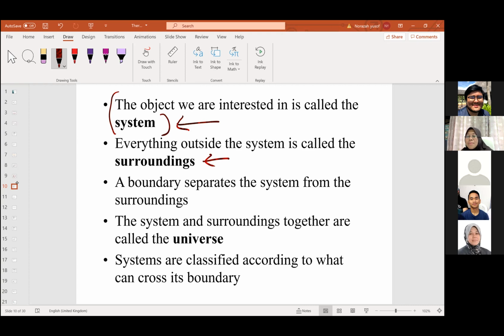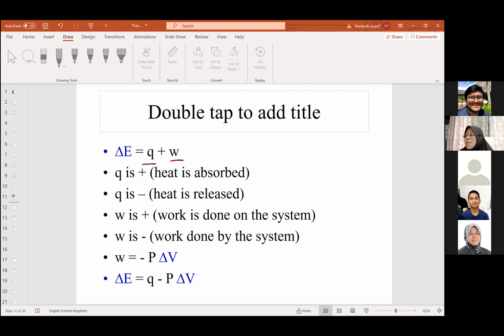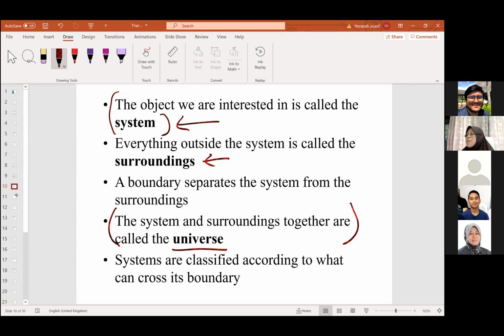You are the system, and whatever situation you have outside the system is called the surrounding. And the system and the surrounding that surrounds you together are called the universe. That is very important to understand.